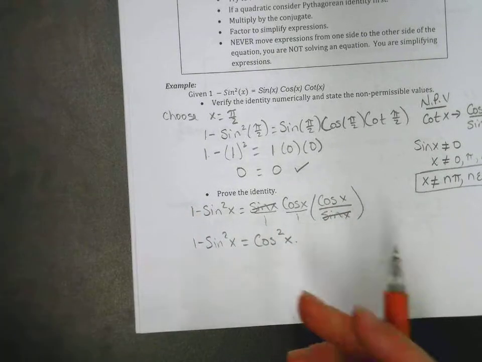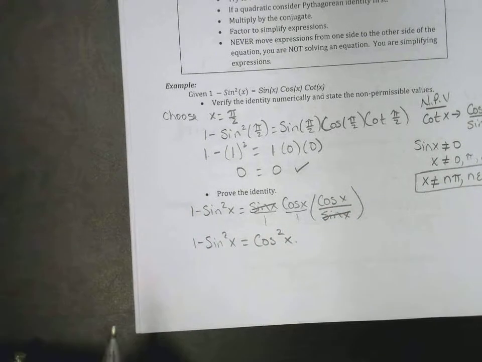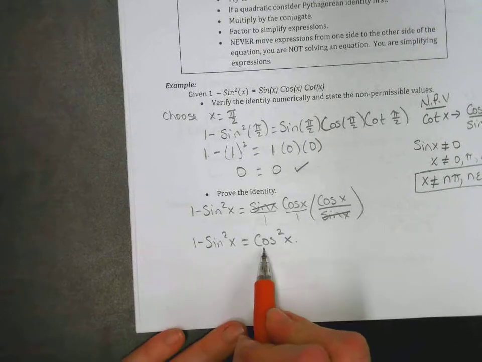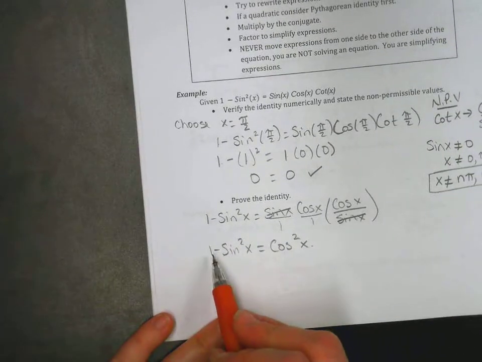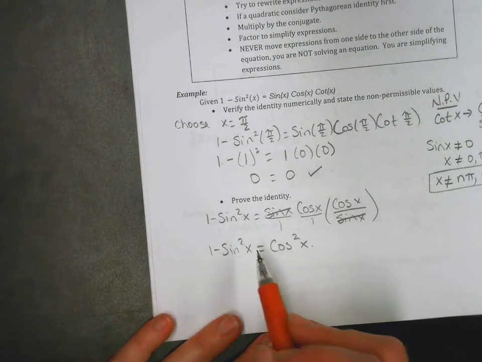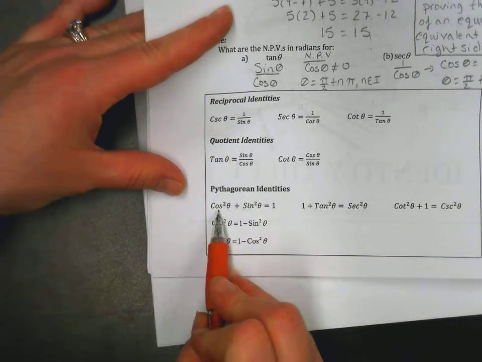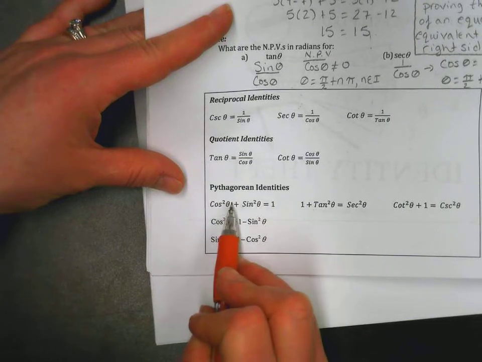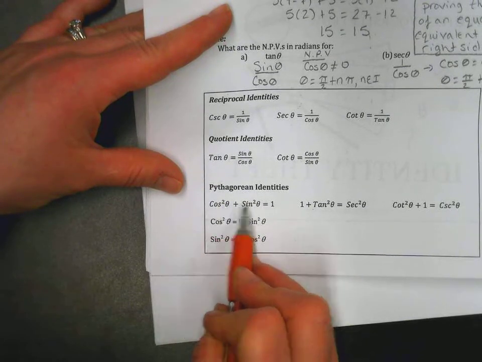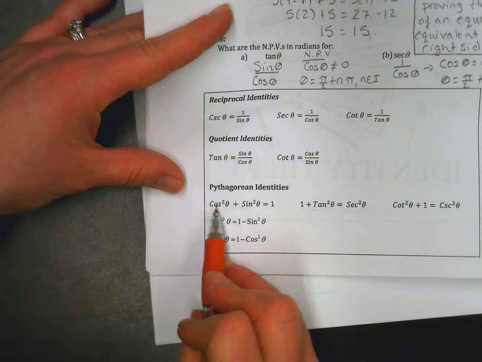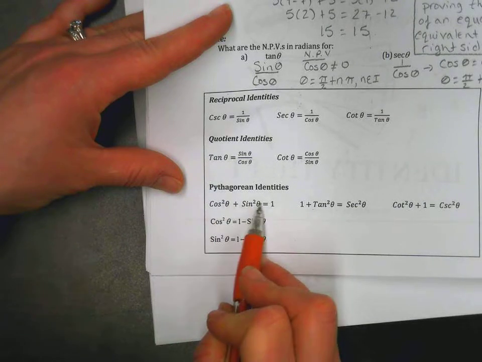I'm going to go to my formula sheet and try to replace either cos squared x or 1 minus sine squared x with something. Well, I do know on my formula sheet, the Pythagorean identity, here it is, cos squared x plus sine squared x equals 1. But remember, we can manipulate this identity to solve for either one of these values.